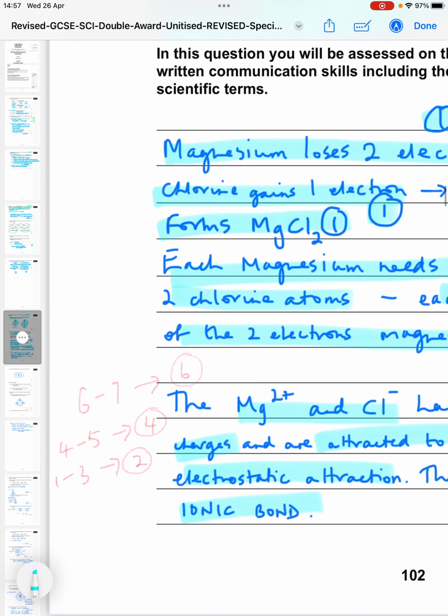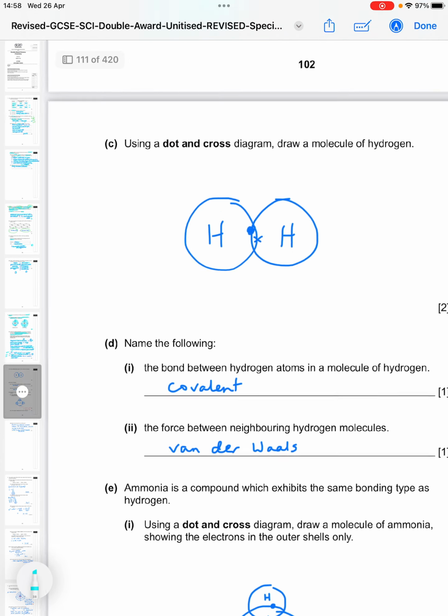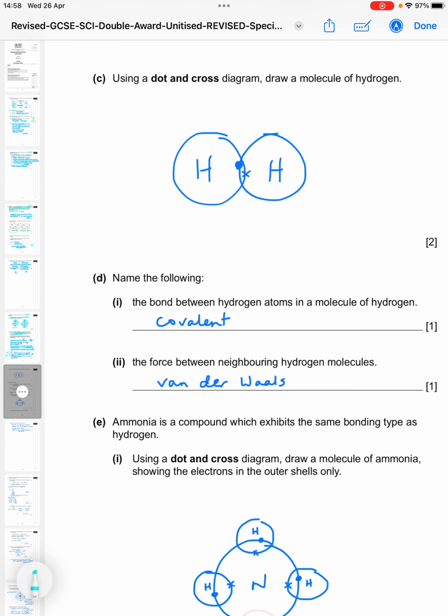That's another point. So the way this was marked, in the top tier, if you had 6 or 7 of those indicative points, you would get 6 marks, as long as you're using the special scientific terms like ions and atoms correctly. If you had 4 to 5 indicative points, you got 4 marks, and if you got between 1 and 3, you would have got 2 marks.